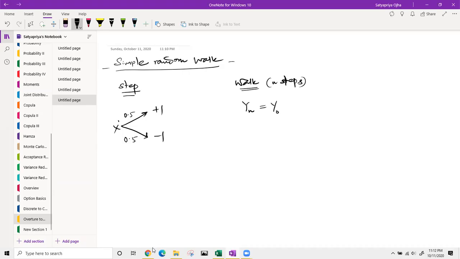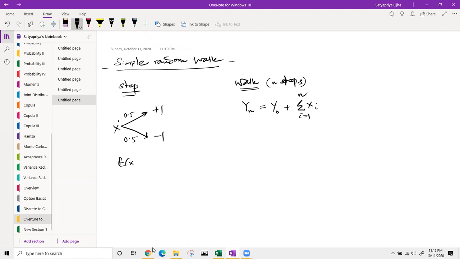If this is my starting point at t equals 0, before any steps, I was at y0, then after n steps I will reach here, the sum of n steps, wherever it will take me from y0.